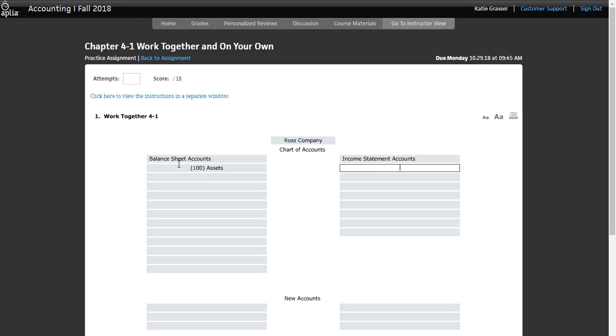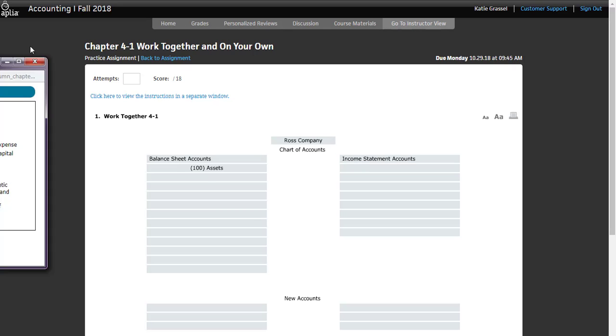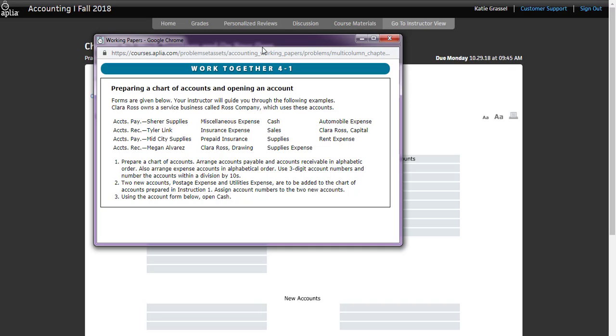Now, when we go through and determine our numbers for our assets, here's where we get a little bit tricky, because they give us right here all of our accounts that we are going to be using for Ross Company. We have to be able to look at them and identify which are assets, which are liabilities, and which are owner's equity. Now, your assets are going to be listed in order of liquidity.